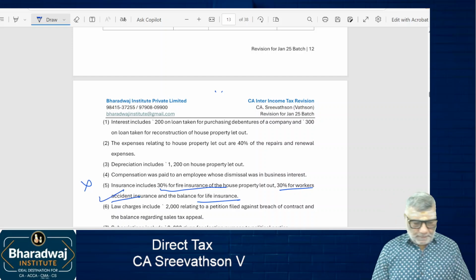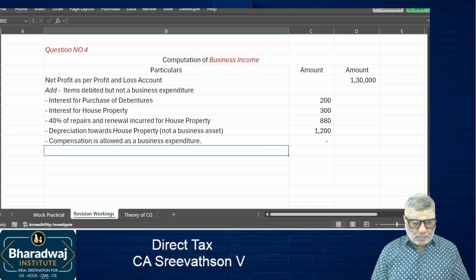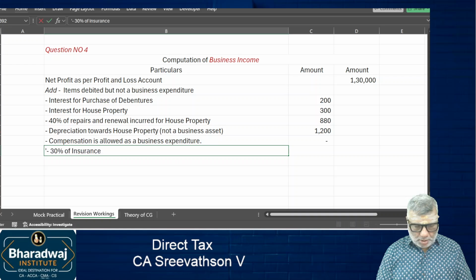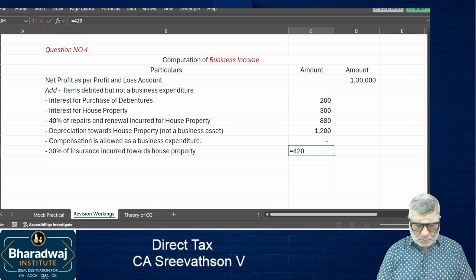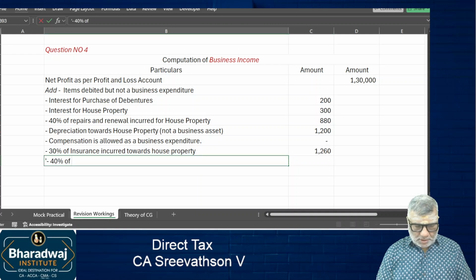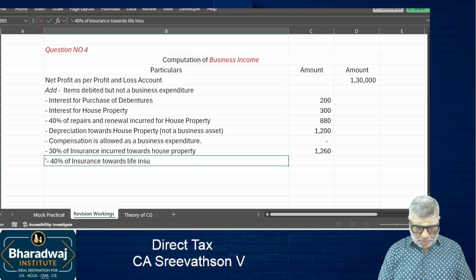Okay. 30% of insurance incurred towards house property. 40% of insurance towards life insurance premium.